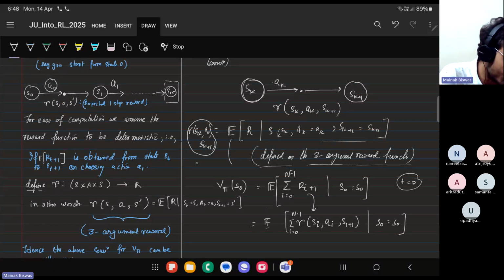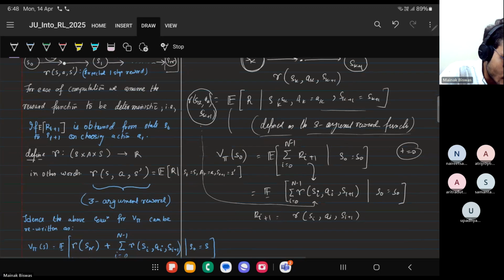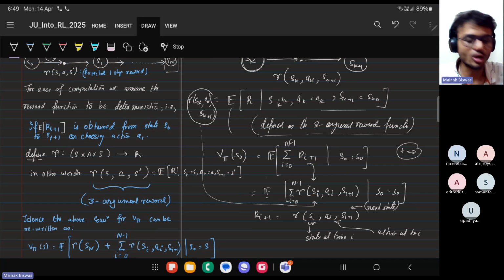So now these are real numbers, where r(i plus 1) is defined as r(si, ai, si plus 1), where si is the state at time i, ai is the action at time i, si plus 1 is the next state, and this is the expected reward you get.